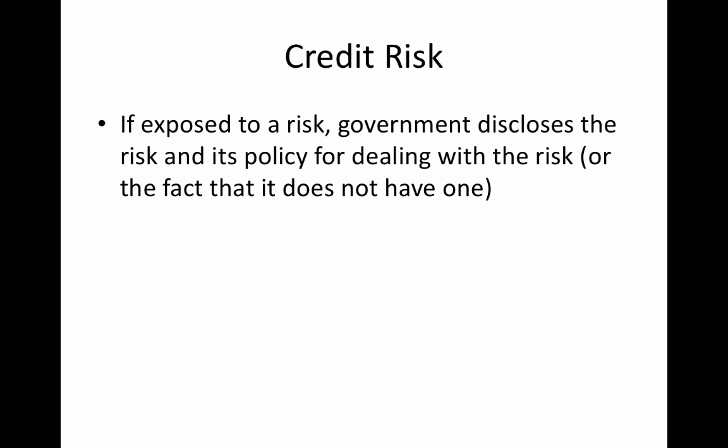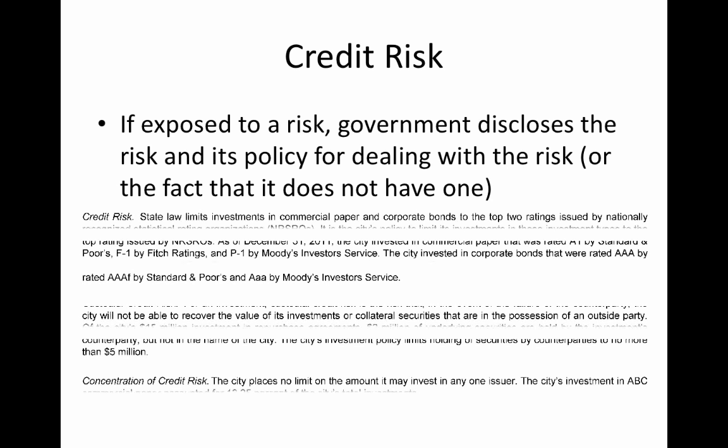So if a government is exposed to a risk, such as credit risk, it's required to disclose the risk, and for each of the particular risks that are required, and I'll go through each one of them, there's information that a government is required to disclose if it is exposed to that risk, and it should also disclose the policy it has for dealing with that risk, or disclose the fact that it doesn't have a policy.